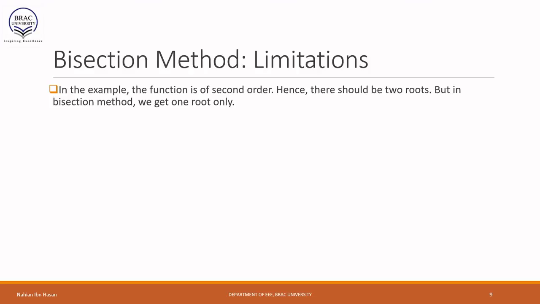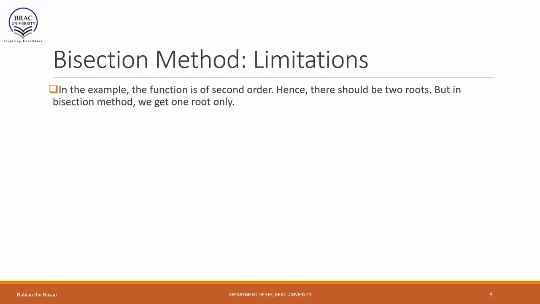In this case, if the roots are very far from each other, that means if they are situated at far locations, then even if we change our boundary definitions, we would converge to the same root again. So that's the main limitation of the bisection method: we would converge to the same root if we change the boundary.